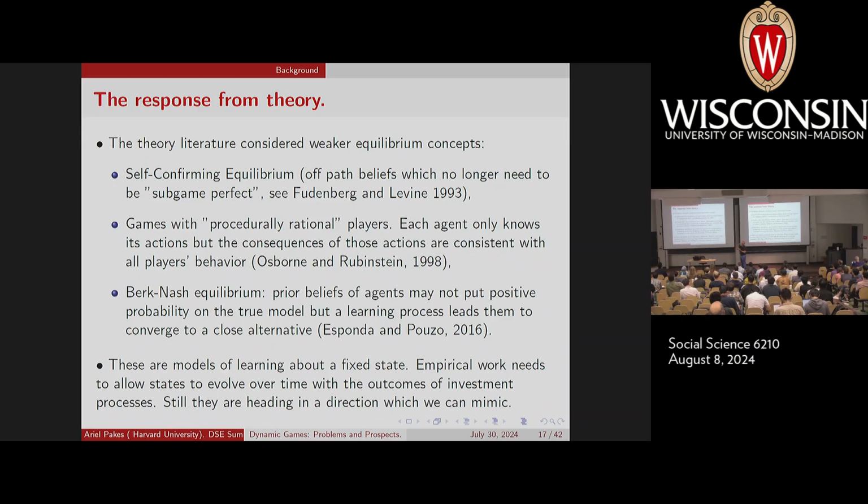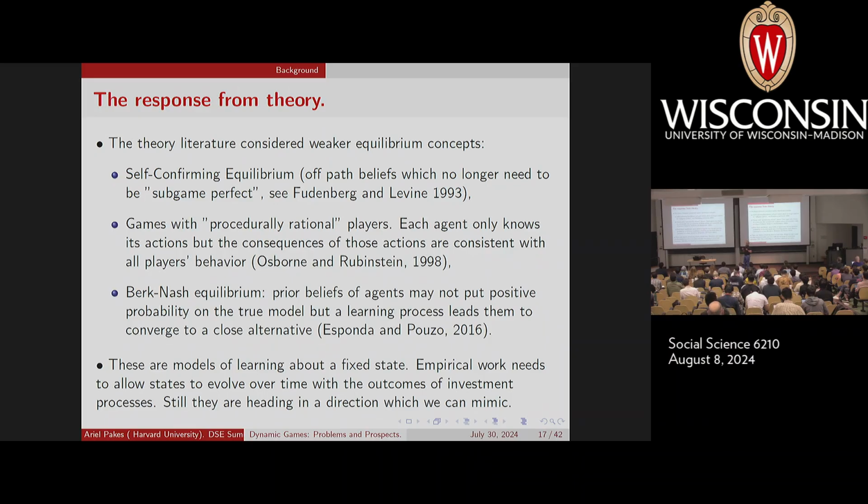They don't tell you how to get there or how to compute it. And then Esponda and Pouzo, in their Econometrica article, had prior beliefs, did worry about convergence, but had prior beliefs that might not put positive probability on the truth. So you could converge to something that isn't quite right, but close in a certain dimension. So that's the theory stuff.